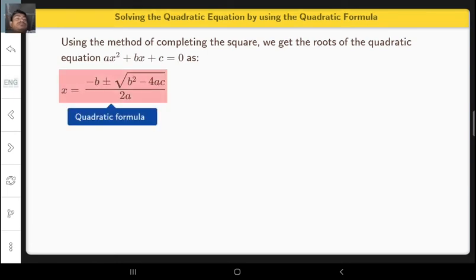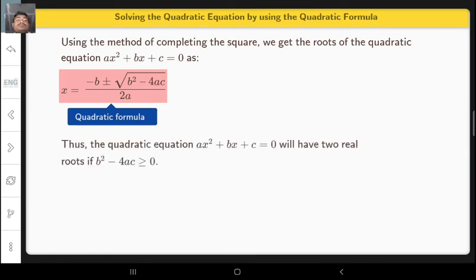It allows us to quickly compute the two roots of a quadratic equation without taking the trouble of factorizing or completing the square. Thus, the quadratic equation ax square plus bx plus c is equal to 0 will have two real roots if b square minus 4ac is greater than or equal to 0.